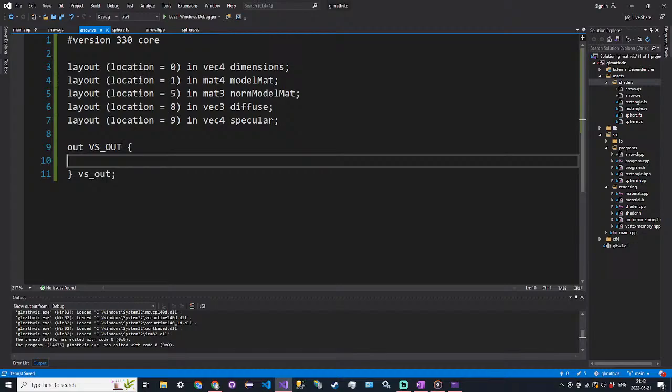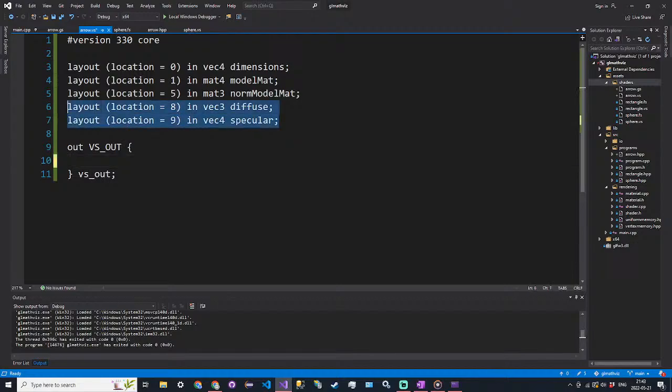So we have VS out, and we want to pass enough information into the geometry shader so that it can generate all the vertices and transform them properly. It turns out that we just want to pass in all the data. Each one of these vertices is an instance.